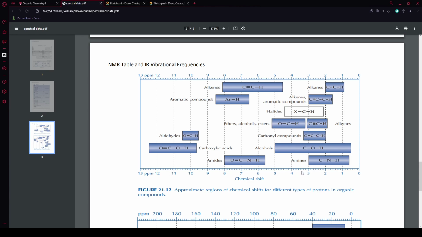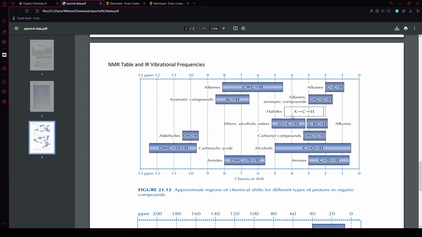And then we want to look at about 3.5 ppm for our other two peaks, and we see that once again it could be an alcohol, or it could be a hydrogen that is attached to a carbon that is attached to an oxygen, so that could be an ether, an alcohol, or an ester.